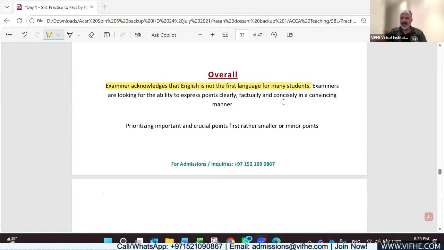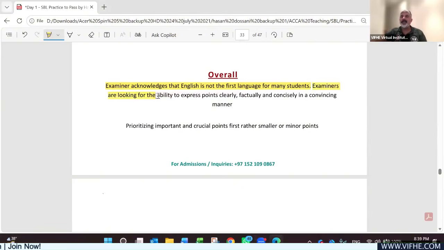Meaning that examiner knows that for some students, English language might not be very good. You might be weak or average in English.